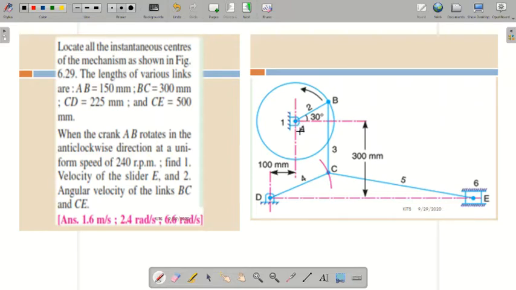Draw this diagram in the upper right side of the sheet. You can't draw this diagram in the notebook, because drawing the instantaneous center diagram takes more space. So better use an A3 or drawing sheet.